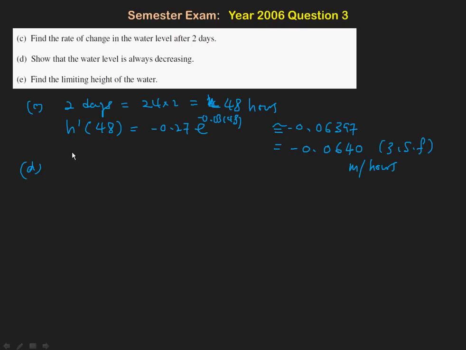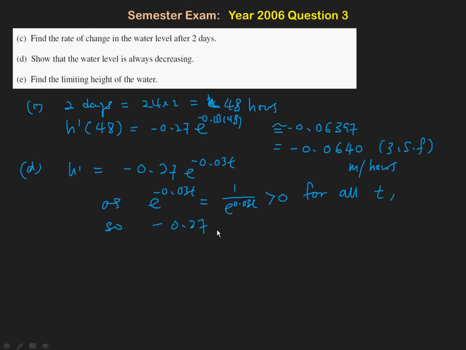We have h prime equivalent to negative 0.27 e to the power negative 0.003t. Now, this particular expression is always greater than 0 for all values of t, so it is always positive, and you multiply by negative 0.27, so it's going to be negative always, for all values of t.